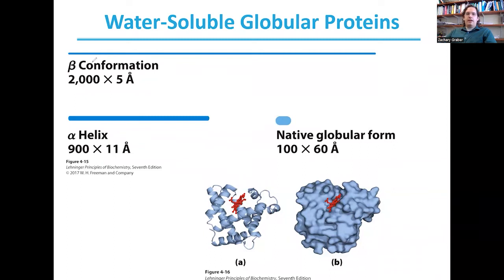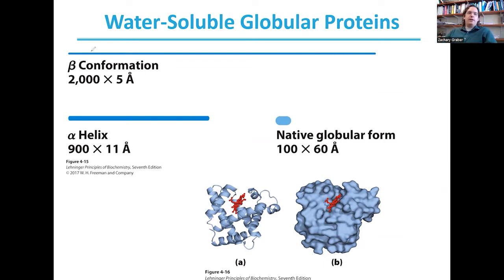So if we take a beta conformation of a protein and we just stretch it out all in beta conformation, we'd create a very long structure. So 2,000 angstroms, that's 10 to the negative 10th meters, by 5 angstroms in width, right? So this very long extended structure.